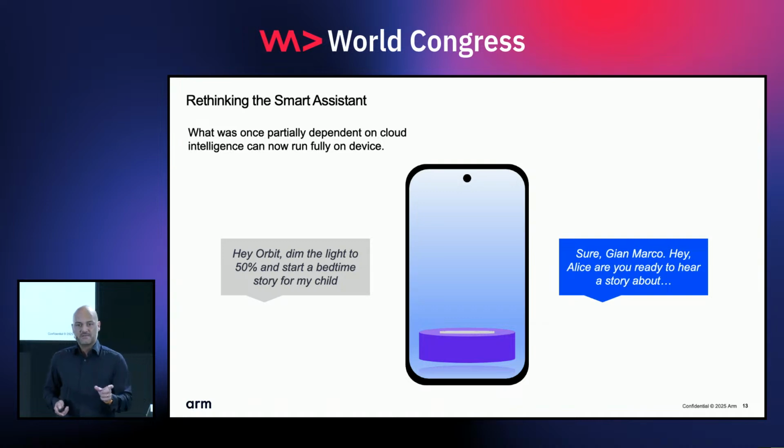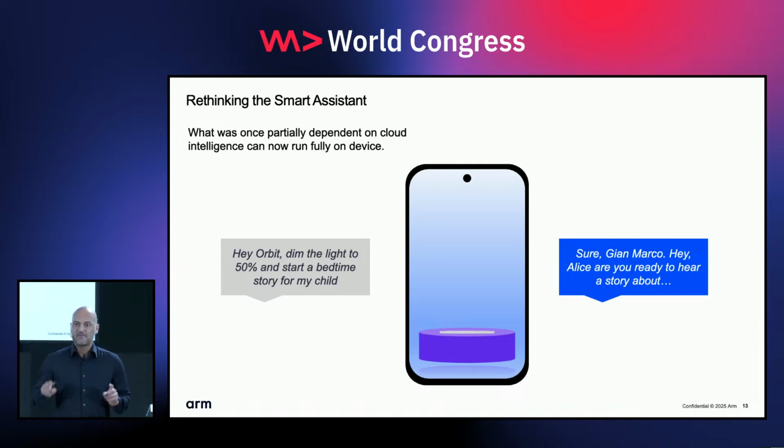Another use case is not new, but we think about it in a different way: the smart speaker. In the past, only one aspect of the smart speaker was running locally. Most of the computation was happening in the cloud. Now, because of generative AI, these can run fully locally. It can be fully private.